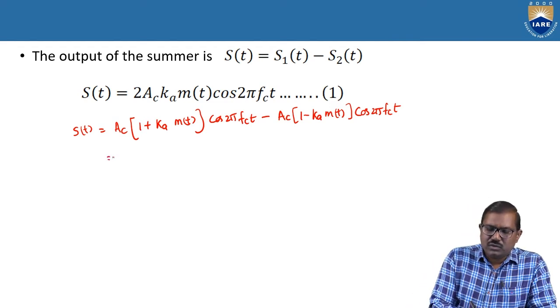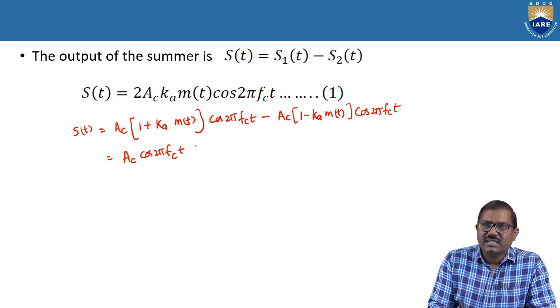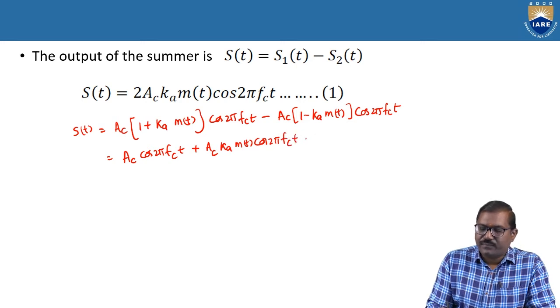Here I am expanding this equation. Ac cos 2 pi fct plus Ac Ka m of t cos 2 pi fct.